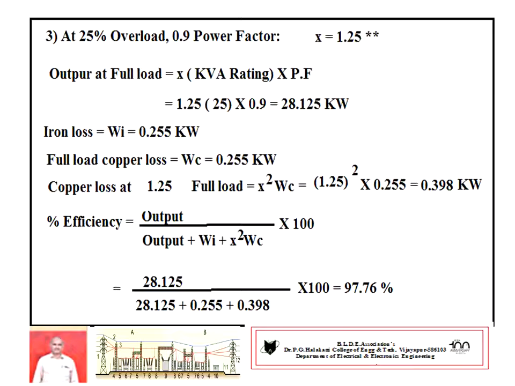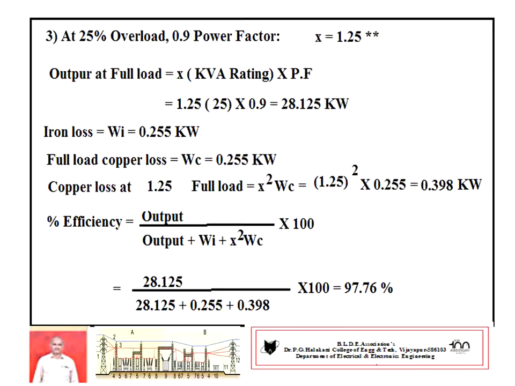At this condition you calculate output, x into kVA rating into power factor, so it becomes 28.125 kilowatt. Iron loss remains the same. Full load copper loss is 0.255 kilowatt. Again you calculate copper loss at 1.25 times of full load, by using x square into WC. So 0.398 kilowatt.